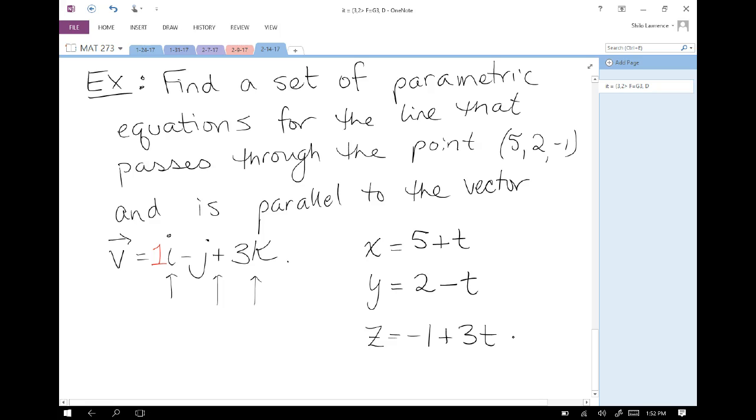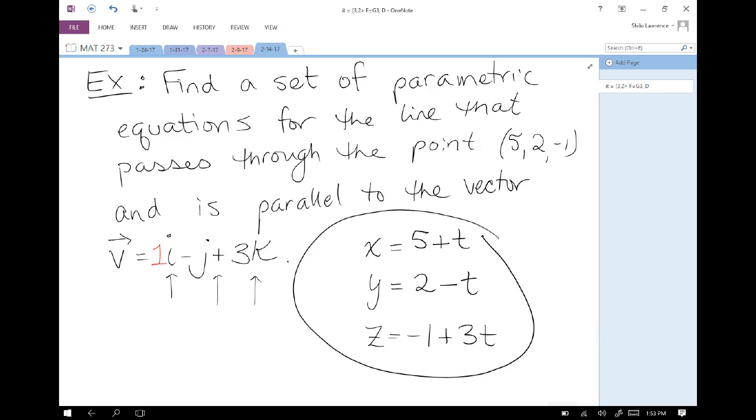That's it. So the coordinates from the point make up our constants. The components from the vector make up the coefficients on the t. And that is the set of parametric equations for our line in space. So everybody should have gotten the same answer for that one.